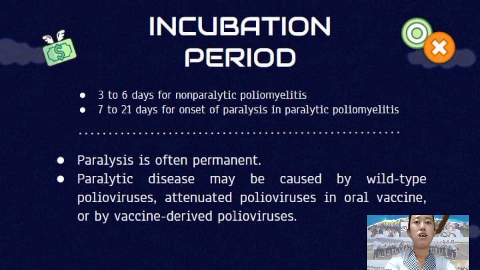Paralysis is often permanent, although total or partial recovery can occur through compensation by muscles not affected. Weakness or paralysis present 12 months after onset, which occurs in two-thirds of patients with paralysis, is usually permanent.